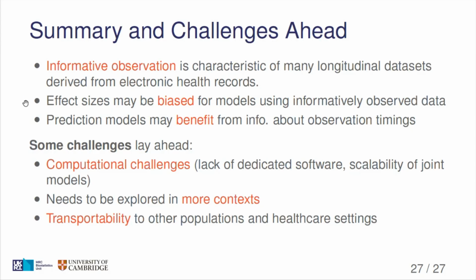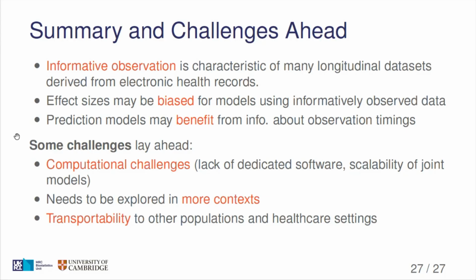What has been found is that in longitudinal models, effect sizes may be biased if you have informative observation in your data, but prediction models may benefit from information about the timings of the observations.